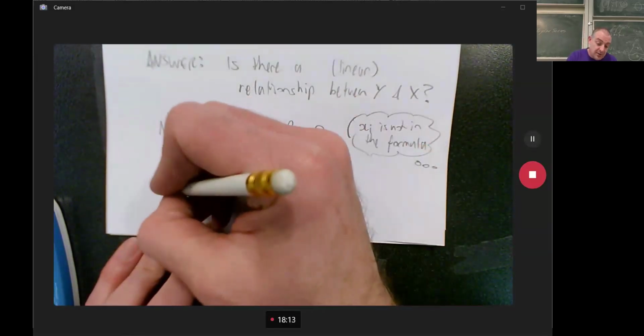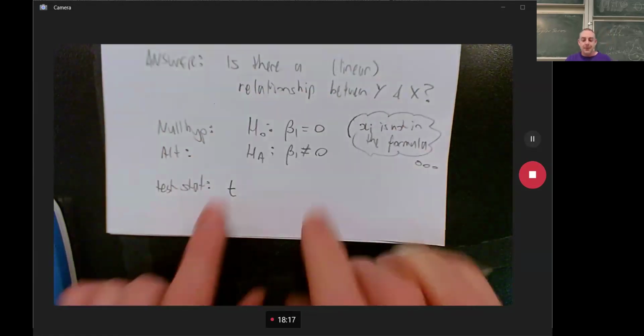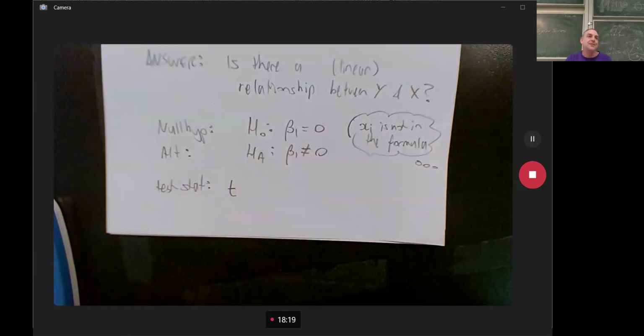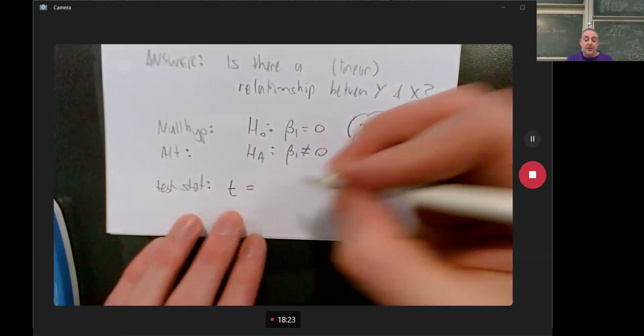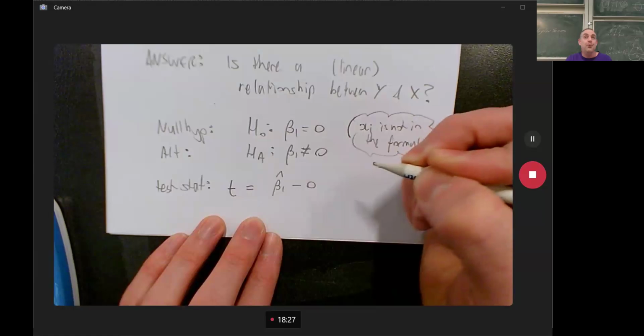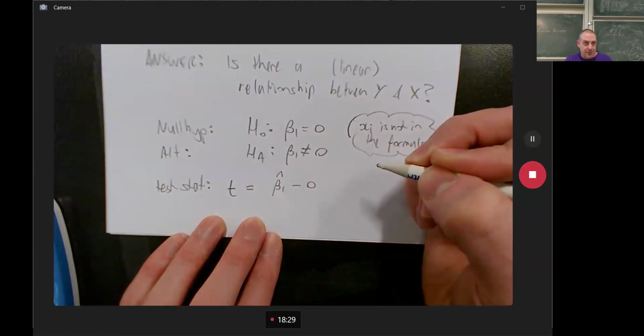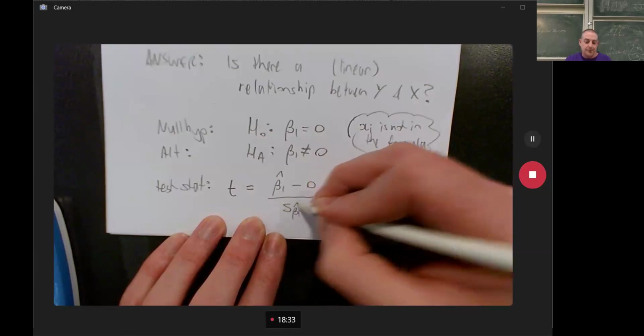This is my test statistic, and it's always this. It's nice. Your test statistic is the thing that you calculated compared to what we imagine it is in my null hypothesis, divided by its standard error.